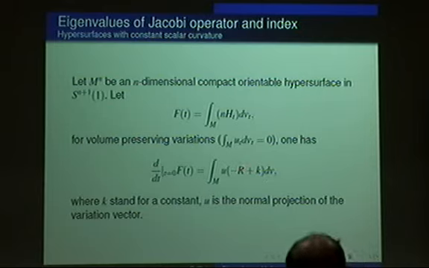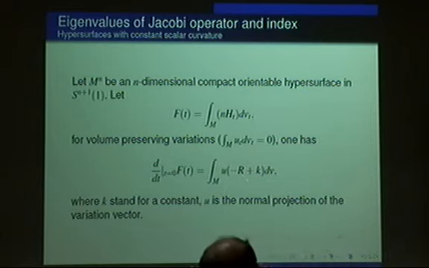Here, the capital R is the scalar curvature of the hypersurfaces. For the volume-preserving variation, the integral of u t is equal to 0. So this is the first variation.